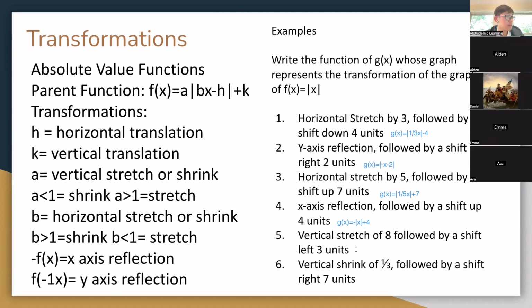And then for number 5, we would have g of x is equal to 8 times the absolute value of x plus 3. And then lastly, for number 6, we would have g of x is equal to 1 over 3 times the absolute value of x minus 7.